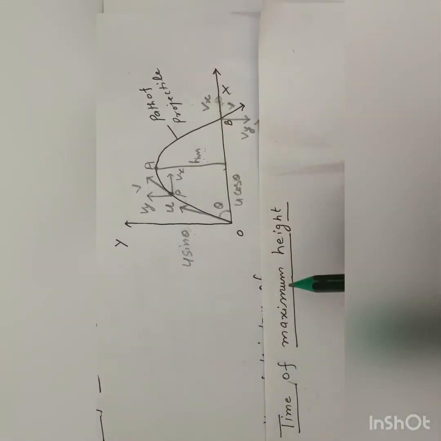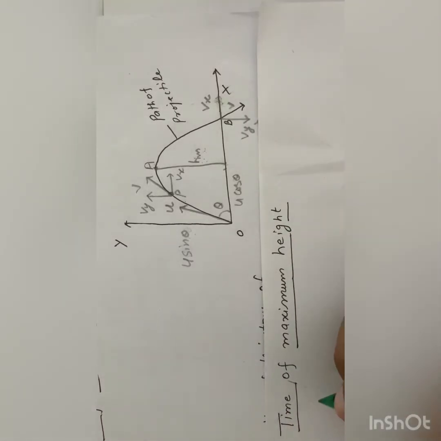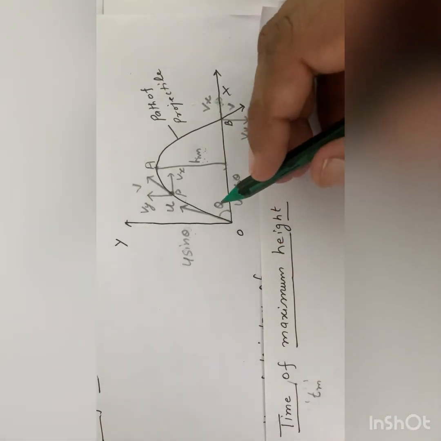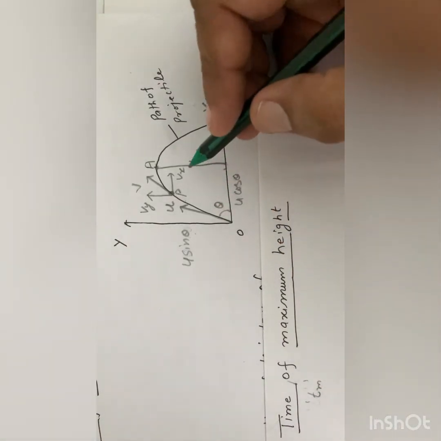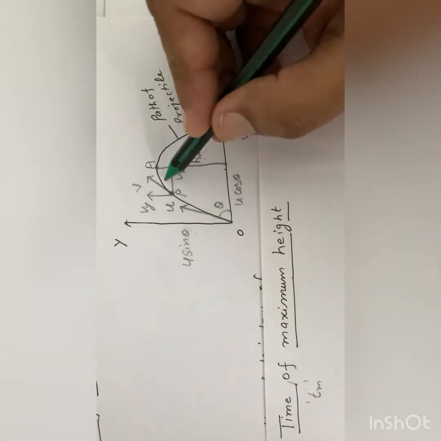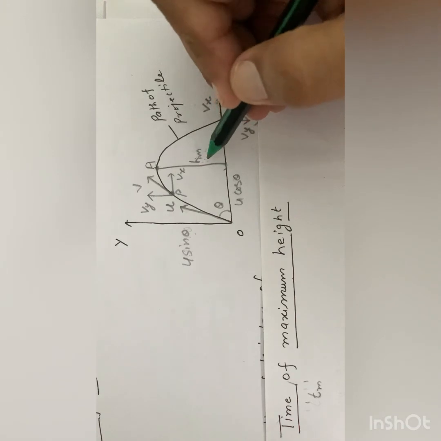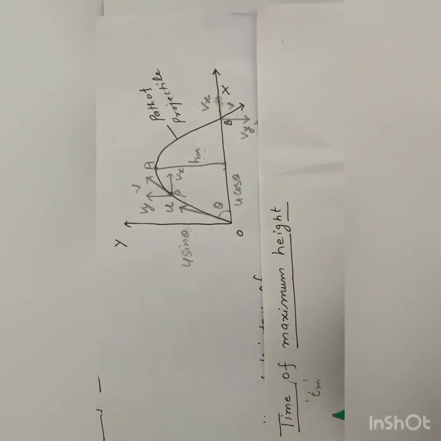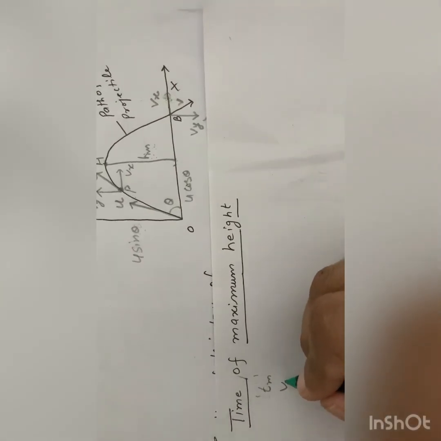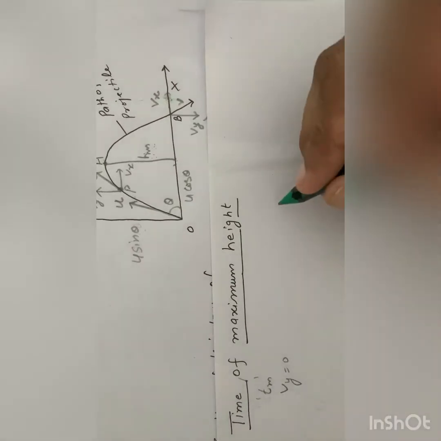Time of maximum height. Let Tm be the time taken by the projectile to reach the maximum height hm, and we know that at the highest point the vertical component of velocity is equal to 0.